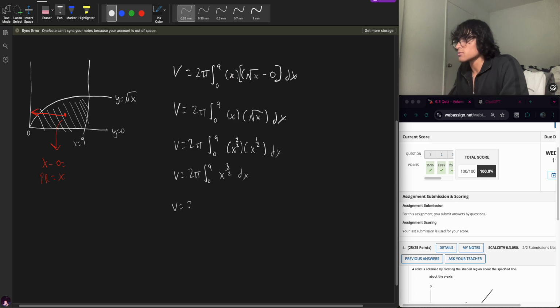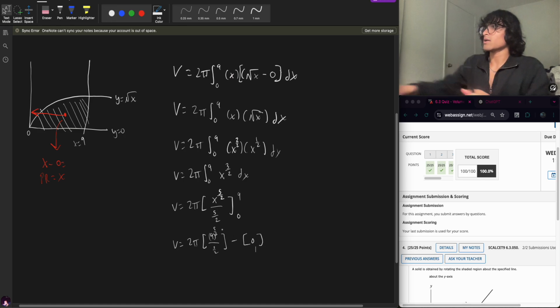Now this looks very integrable. So volume equals 2 pi, let's integrate this. We can just do 3 over 2 plus 2 over 2, because that is 1. So x to the 5 halves over 5 halves, in bounds of 0 to 9. Then volume will equal 2 pi times 9 to the power of 5 over 2, over 5 over 2, minus 0, obviously.